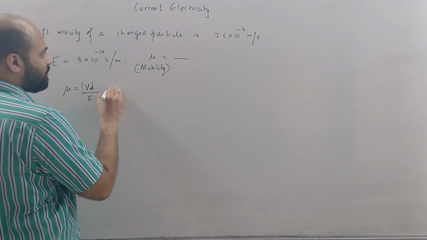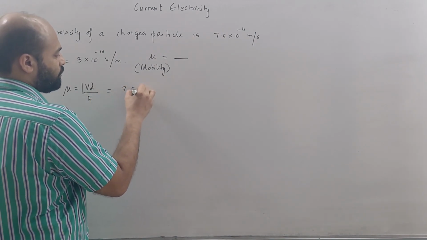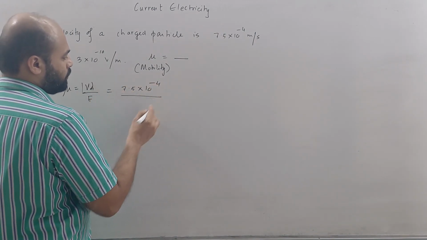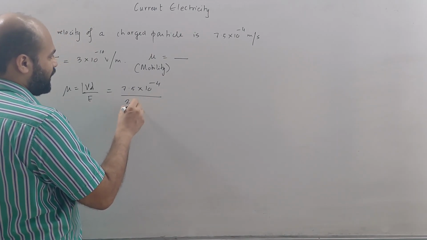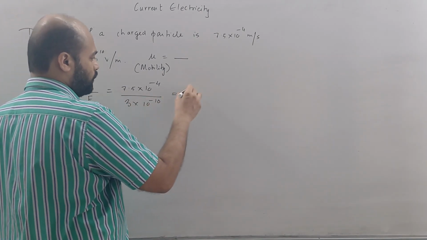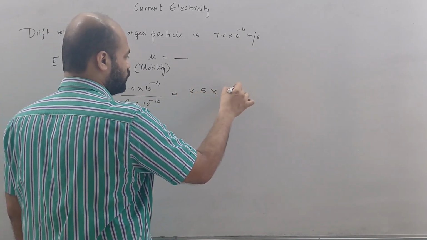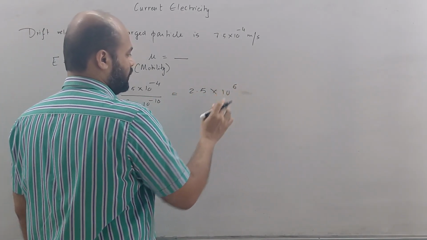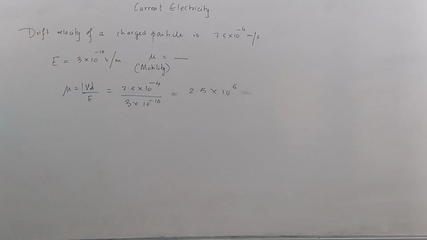So drift velocity is given as 7.5 into 10 raised to minus 4 divided by the electric field, which is 3 into 10 raised to minus 10. If you do this calculation, this is going to be 2.5 into 10 raised to 6. Now comes the unit. So the unit is going to be really important.